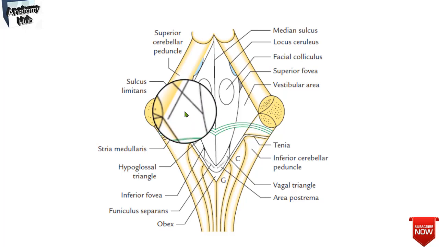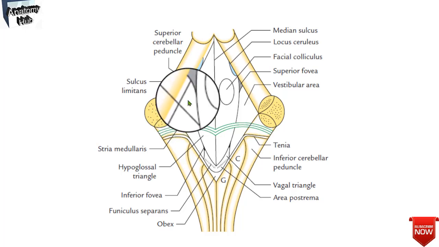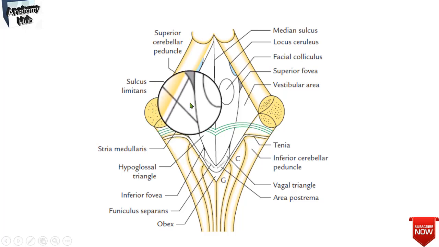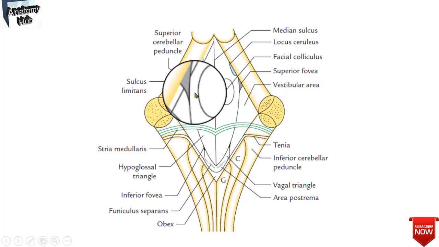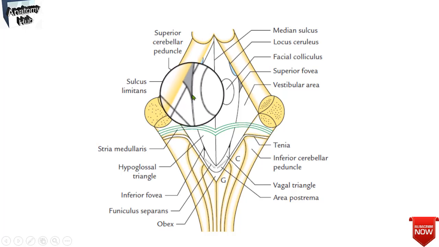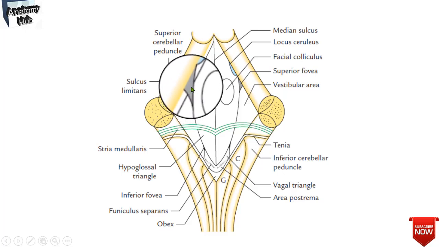The pontine part of the floor shows some features that are in close relation to the sulcus limitans and the median eminence. The uppermost part of the sulcus limitans overlies an area that is bluish in color and is called the locus ceruleus.